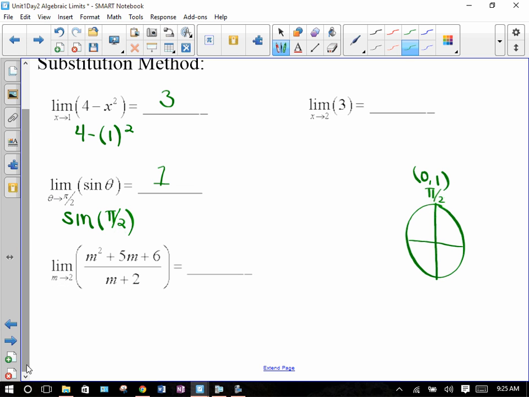So, as Michelle said, we're going to go 2 squared plus 5 times 2 plus 6 divided by 2 plus 2. 2 squared is 4 plus 10, that's 14, plus 6 is 20, over 2 plus 2 is 4. So 20 divided by 4 would be what? 5. So the limit is 5. And again, you could graph this, and you would see that the limit is indeed 5.